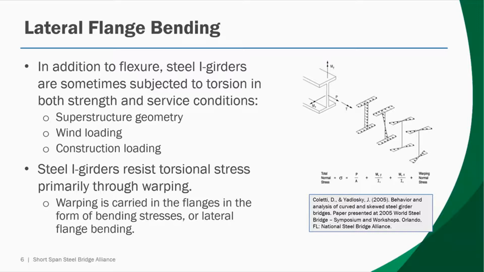There can also be torsional effects from wind loading and also from construction loading, which is the focus of this video. Mechanically, steel I-girders resist torsional stress primarily through warping. And warping in steel I-girder cross sections is primarily carried in the flanges in the form of a bending stress that we term lateral flange bending.